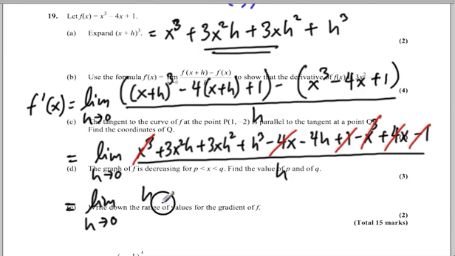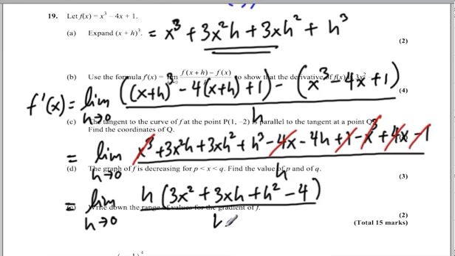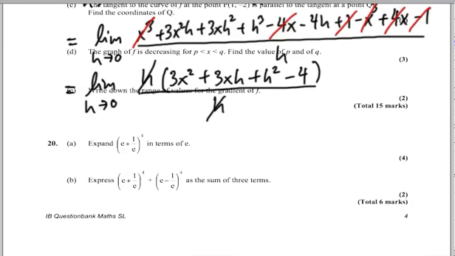So we have h, and what we're left with is simply 3x squared plus 3xh, because if we factor that out, this is going to be plus h squared, and this is going to be minus 4, right? And it's all over h. So if we do that, we cancel this h and we cancel that h out. So what are we left with?